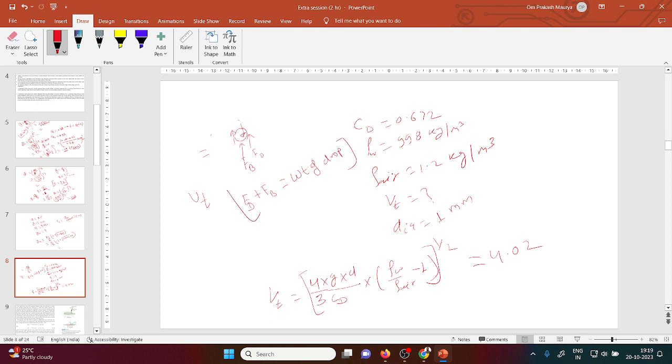So from here, if you calculate, you will get this formula. In this case, for the raindrop, the fluid is water, and your FB is air.